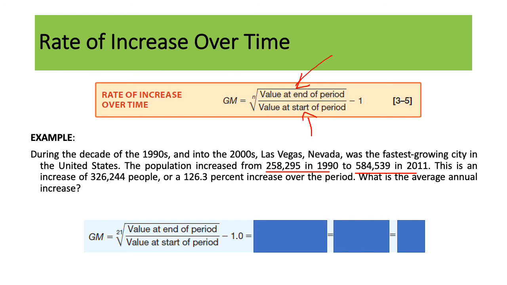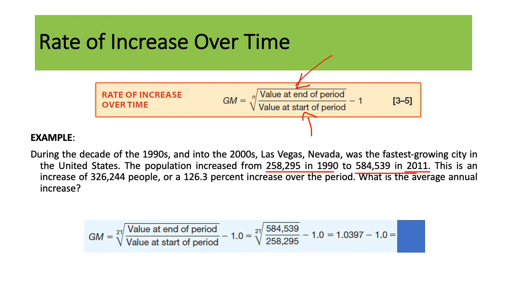First, we figure out how many years have passed between those dates. In this case, the number of years is 2011 minus 1990, which is 21 years. So let's plug in our values. The geometric mean equation becomes the 21st root of 584,539 over 258,295, and from that, we subtract 1 once we calculate the root.